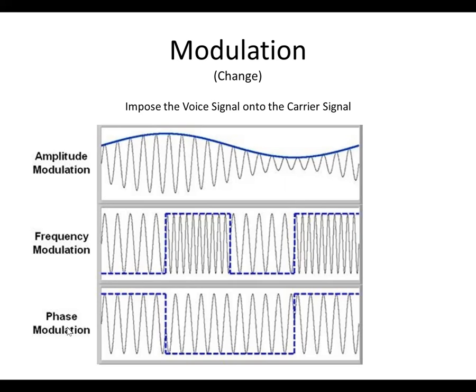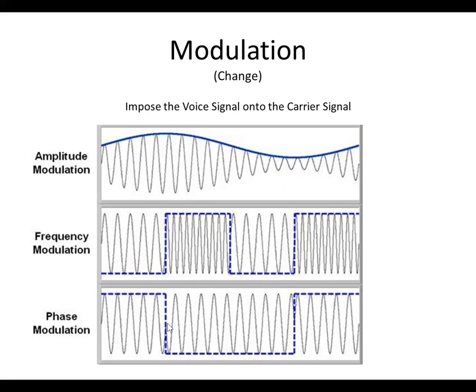And yet another way would be to do phase modulation. This is done quite a bit in the digital modes, where you can see we have a sine wave going here, and you would expect it to continue up and then come back down, just like the preceding sine waves.